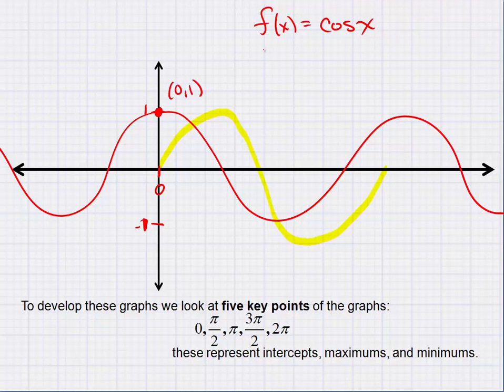And that's because if I find f of 0, basically take the cosine of 0, I would get 1. You get different values when you take the cosine of a certain angle or certain value than you do with the sine function.